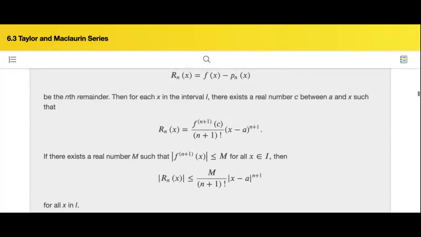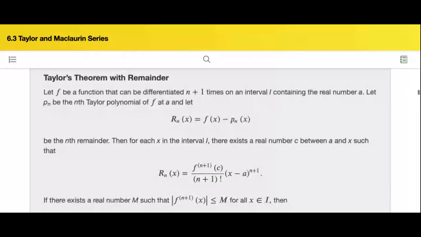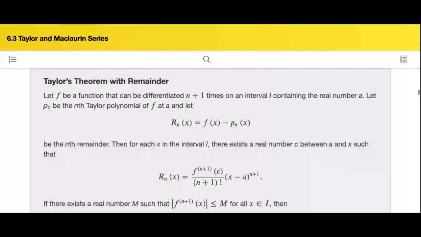Okay, I don't know why this only has one term. Oh, okay. All right. So this just has an extra condition. Taylor's theorem with the remainder says the function f itself can be differentiated n plus 1 times, so we don't even consider the rest of the terms.